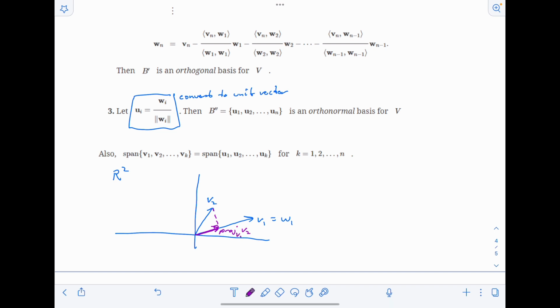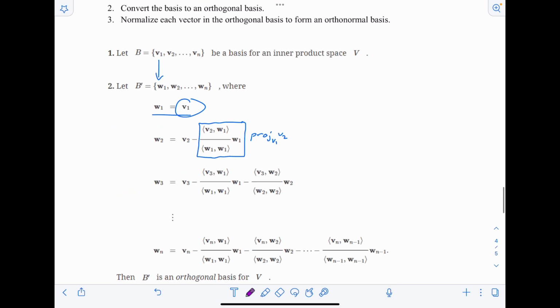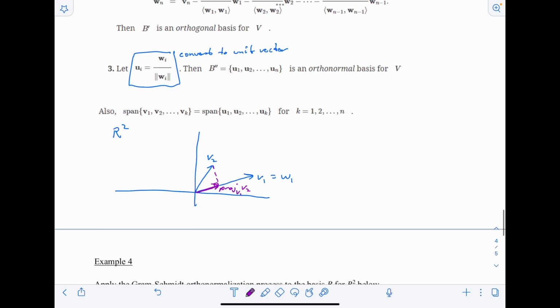Now the vector I'm looking for is not the projection. Notice that when I'm looking for that second vector, I'm taking V2 minus the projection that I just created.